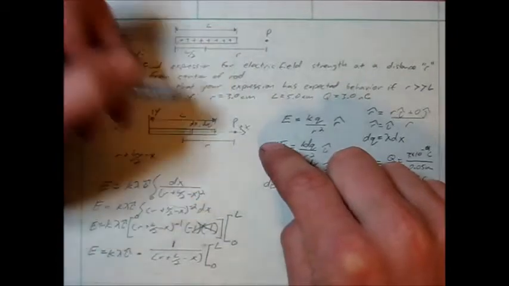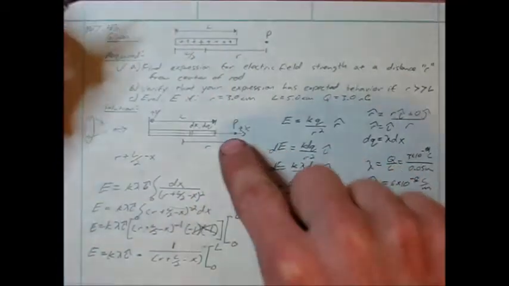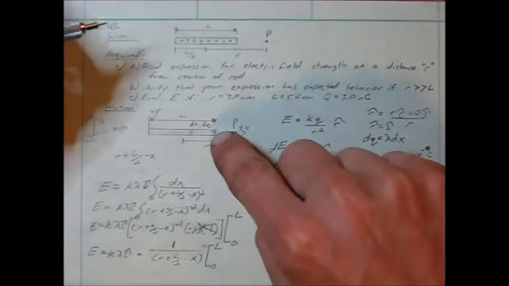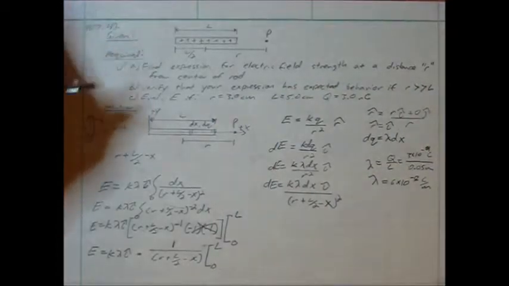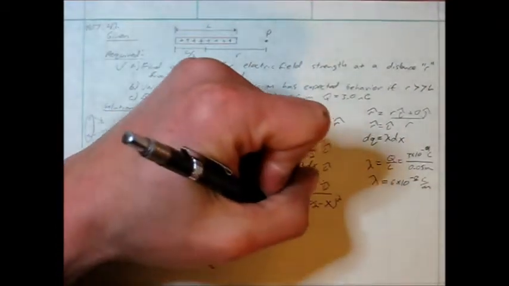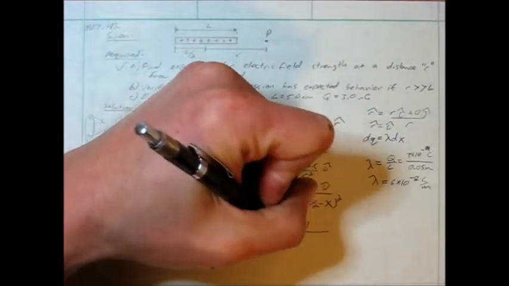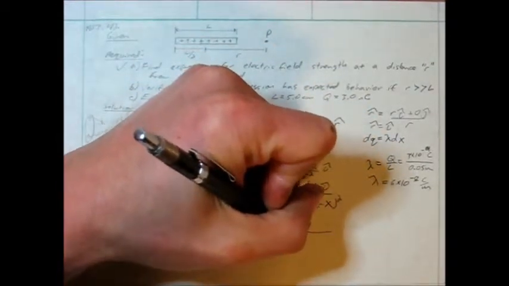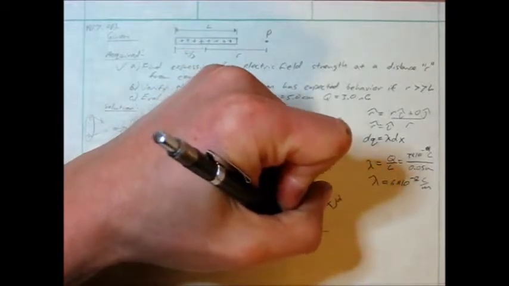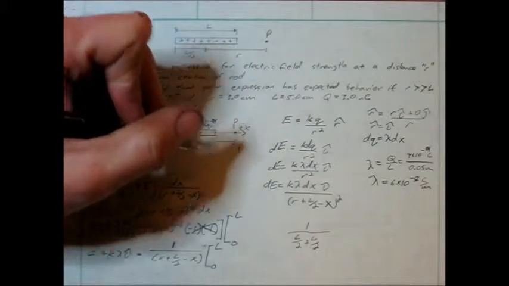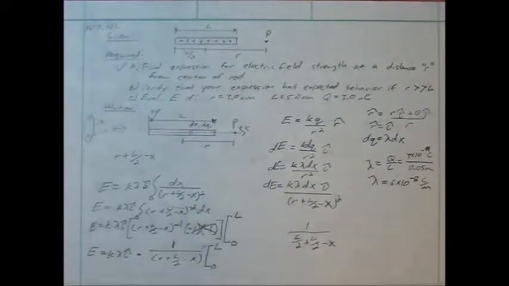That would just be kind of touching the particle at the very end of this rod. So let's say you have 1 over L over 2 plus L over 2, that's our minimum R, minus x.